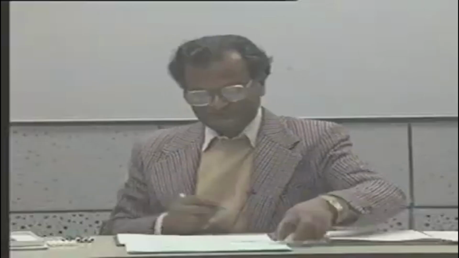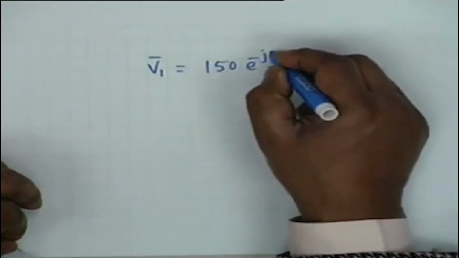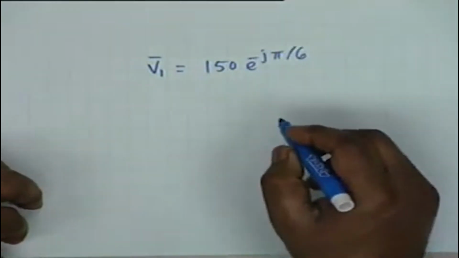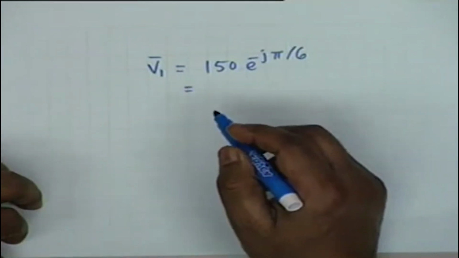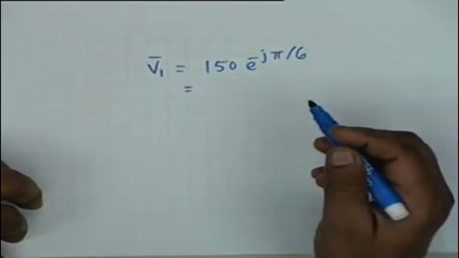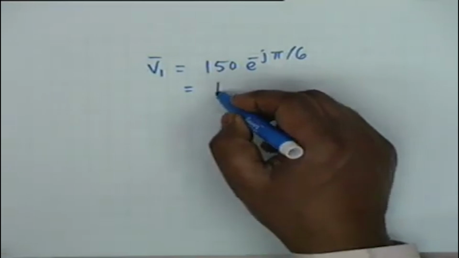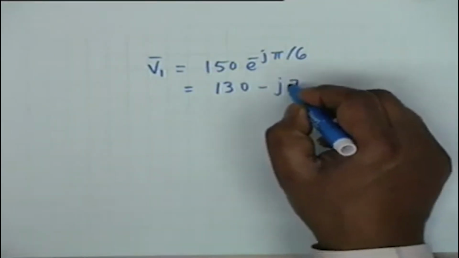Let's look at that. The phasor V1 is 150 e to the minus j pi by 6. I can write this in terms of its rectangular coordinates, that is 150 cosine pi by 6 minus j 150 sine pi by 6, and the result is 130 minus j75.